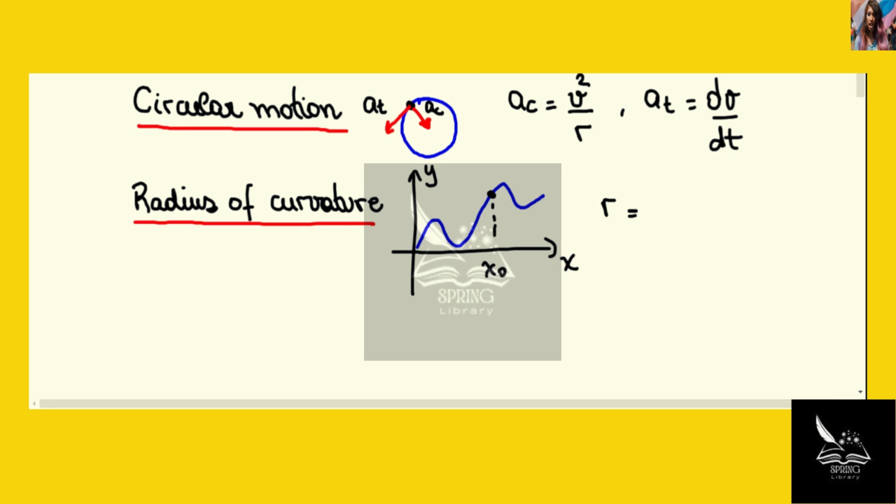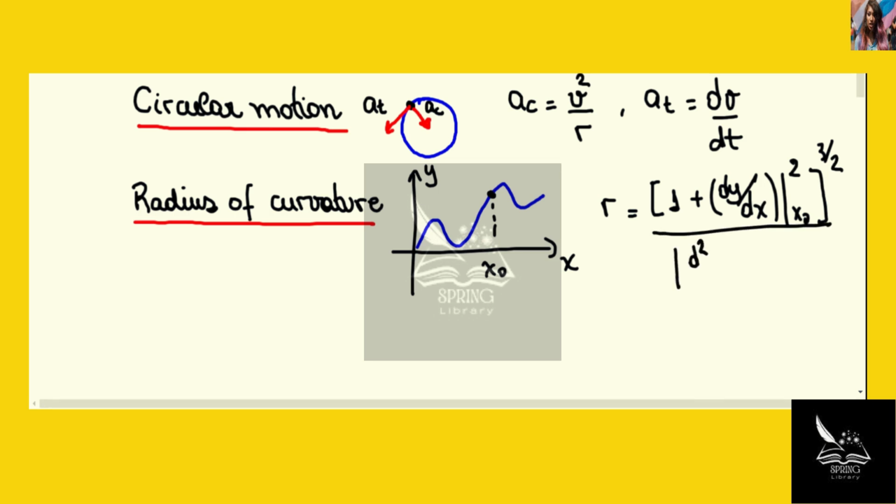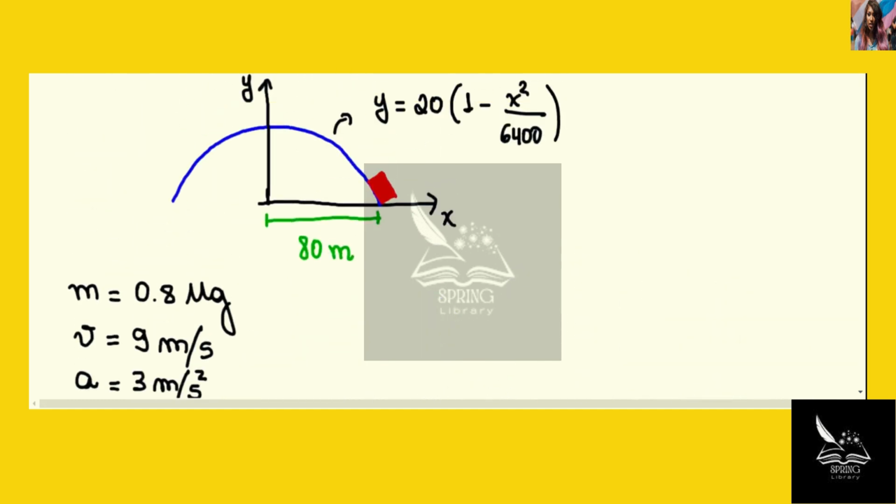Well, in order to find r, which is the radius, I'm going to take 1 plus the derivative of y with respect to x, calculated at x0, squared, to the 3/2, divided by the magnitude of d2y dx2. So now we are able to solve the exercise.